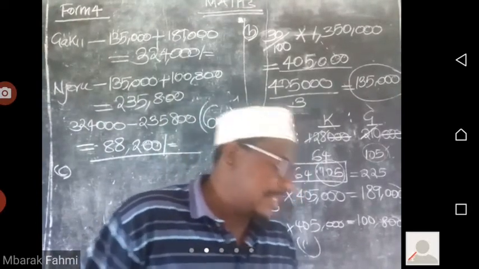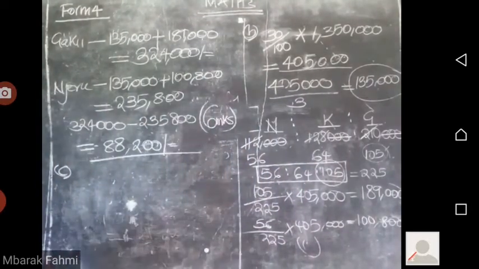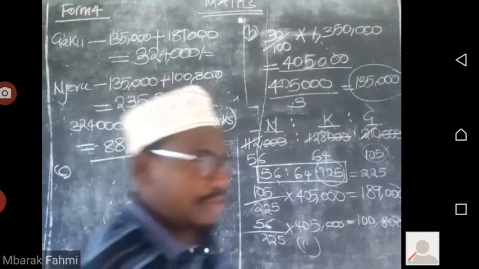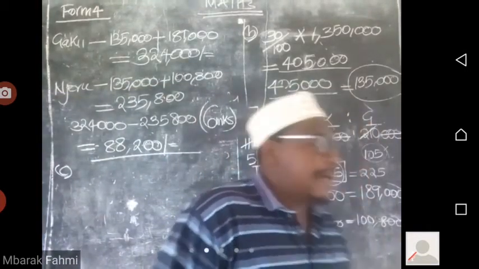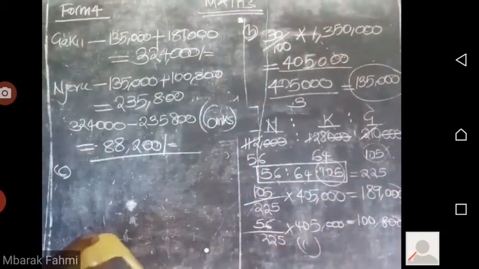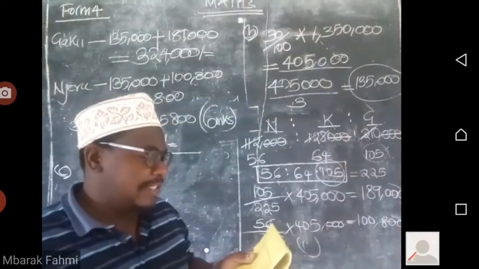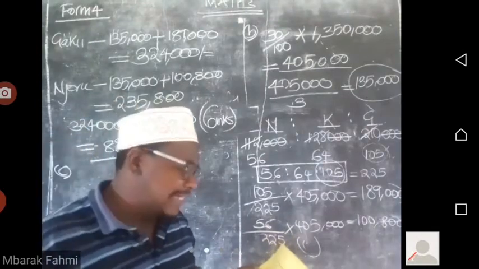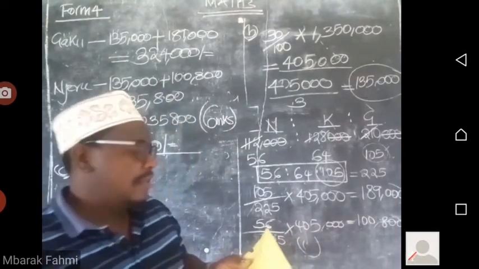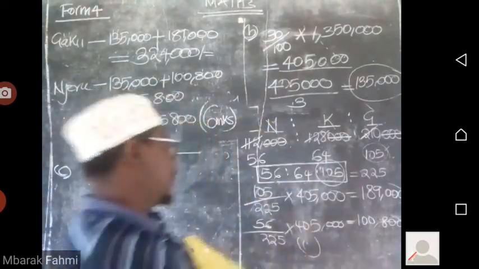So the percentage of Karim's share to the total amount they shared among the 3 partners.